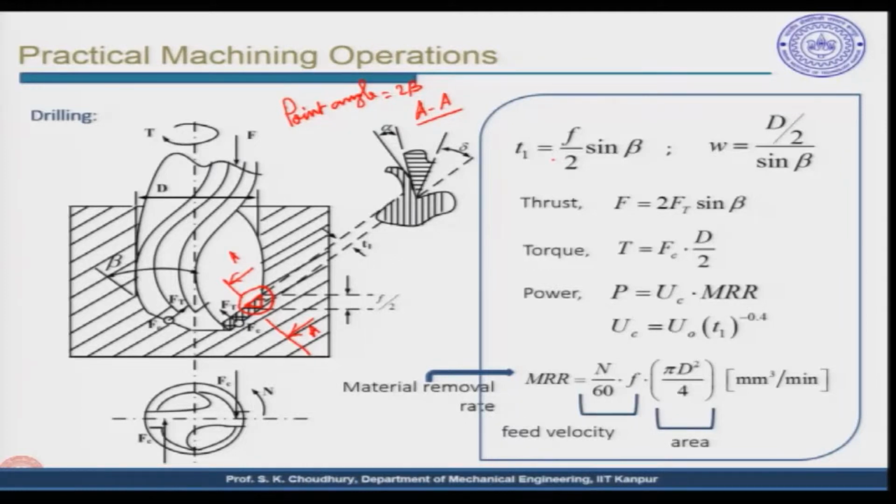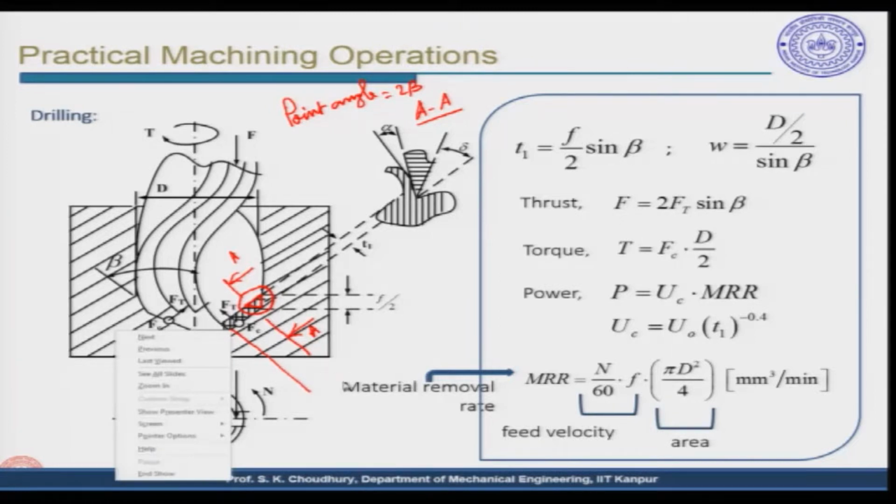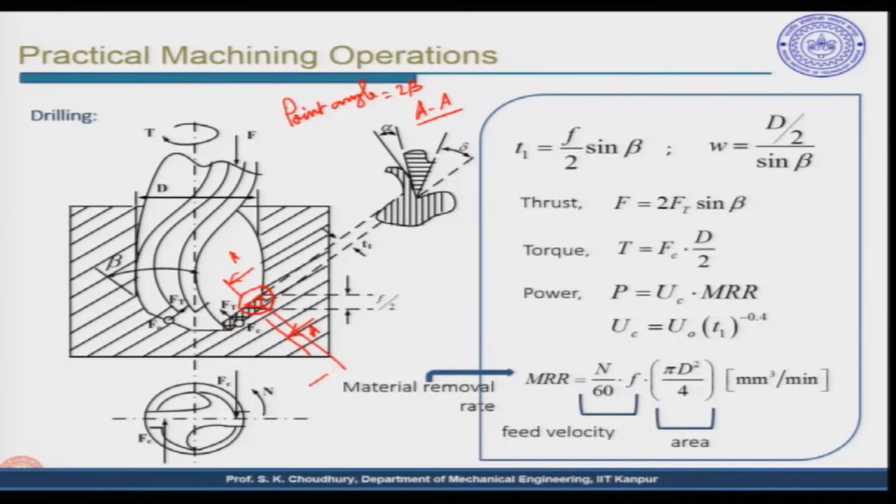Now, the width w, width of cut, is here. This is the width, and this width you can find out as d by 2 divided by sine of beta, this angle. This also you can find out from a triangle from here. From this triangle you can actually find out the value of w. This is related to the diameter of the drill.